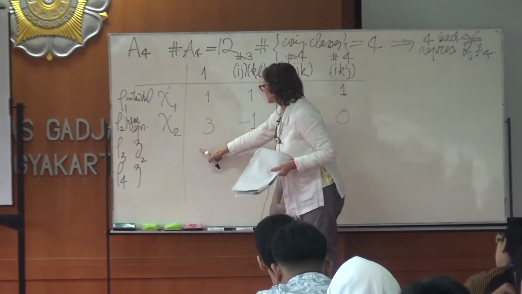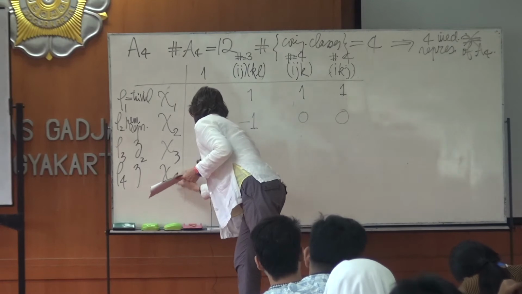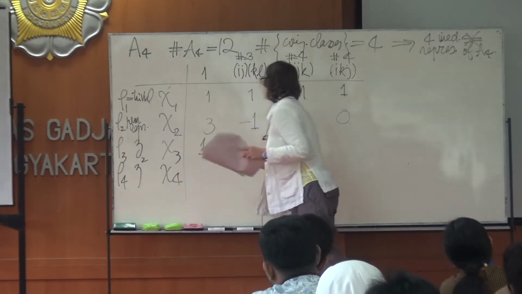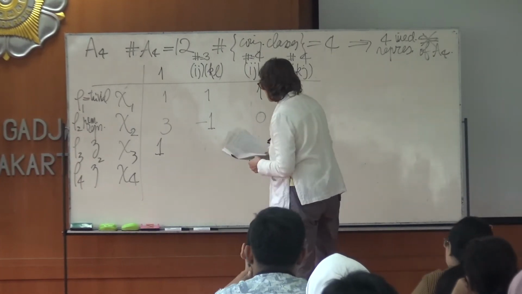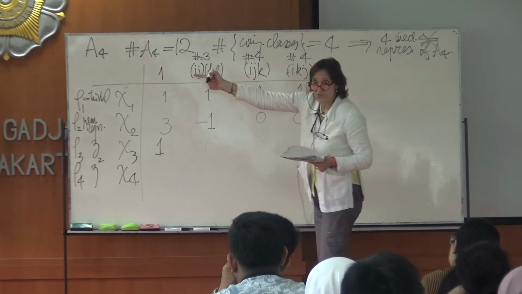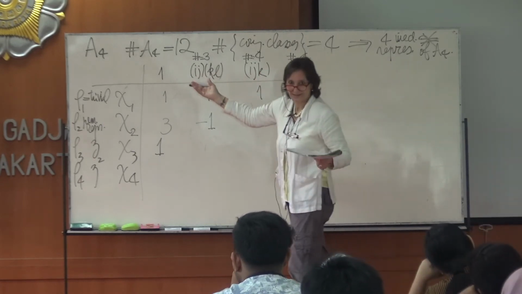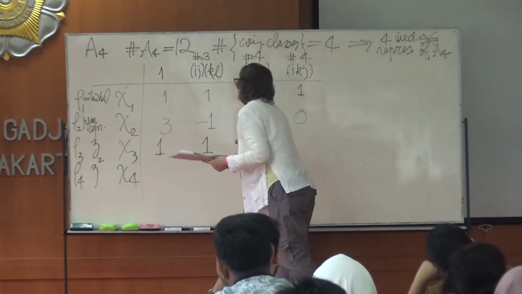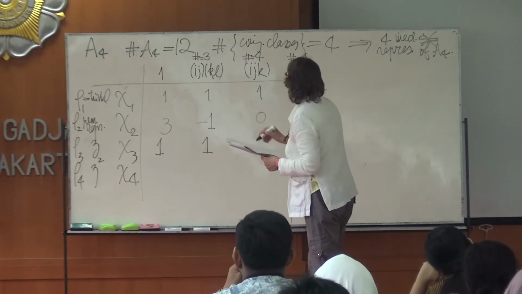Okay, so they are one-dimensional, so chi 3 on the identity is 1. Then on the 2-2 cycles, which are in the kernel of the representation, it's 1, right? So here is 1. Then on (1 2 3) is z.